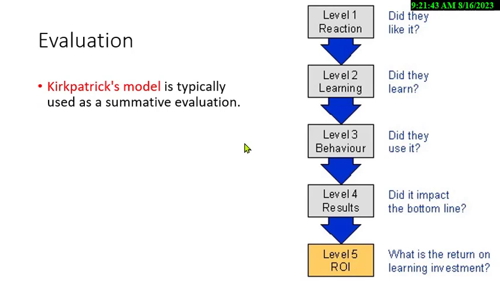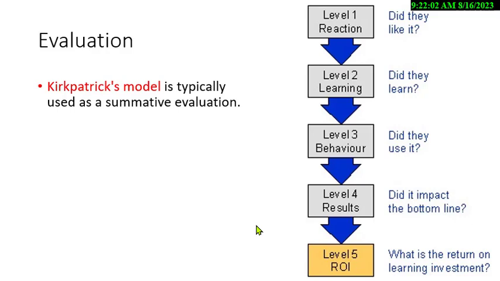The Kirkpatrick model, there's another part of it. We talk about reaction, learning, behavior, and results. He adds a 5th one. That's not in the CIT, but it's in his model, and they've asked about this 5th level, which I'm surprised in the ASP. Is there a return on the investment?